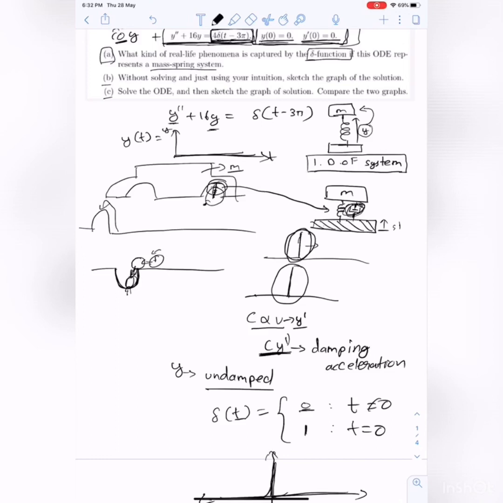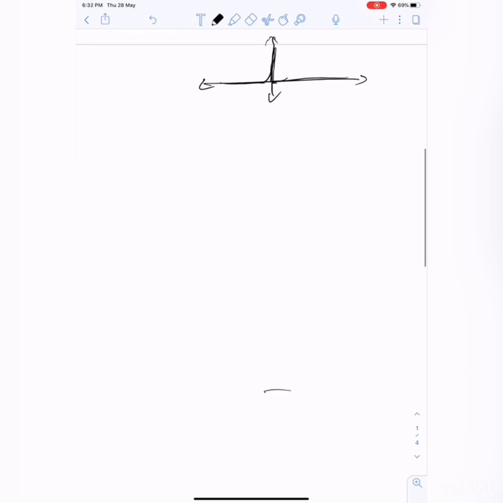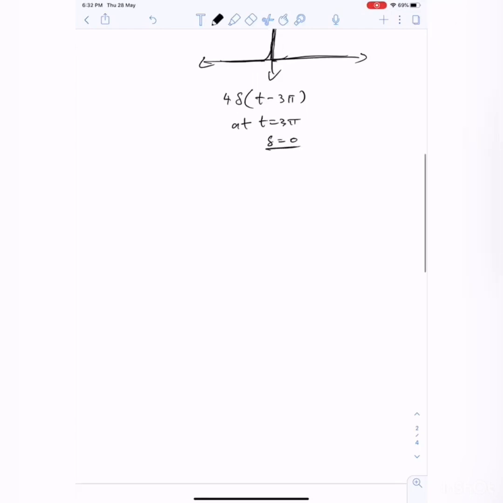That would mean at t equal to 3 pi, our force is 4 times delta of t minus 3 pi. At t equal to 3 pi, t minus 3 pi will become 0.